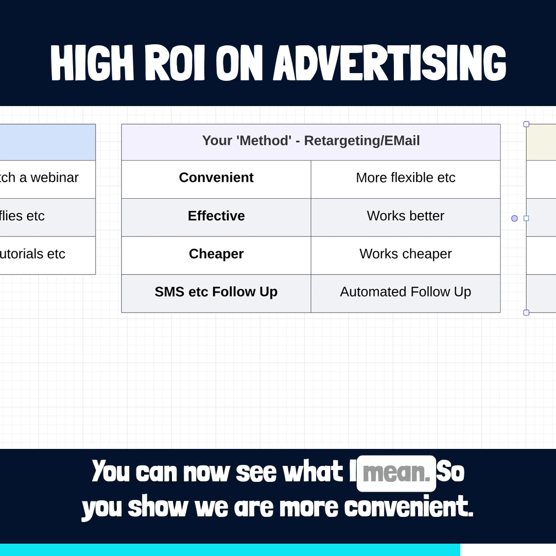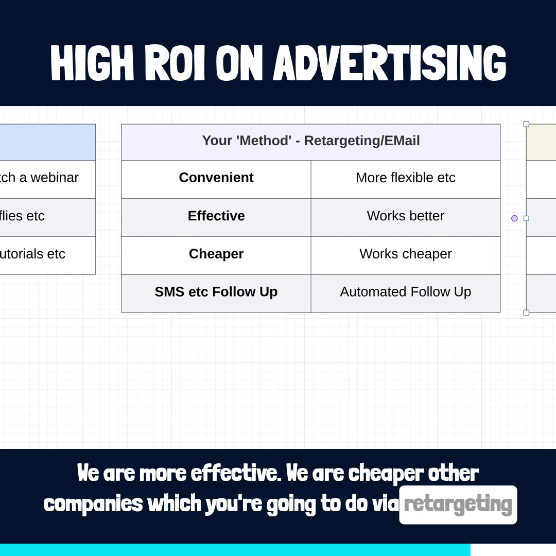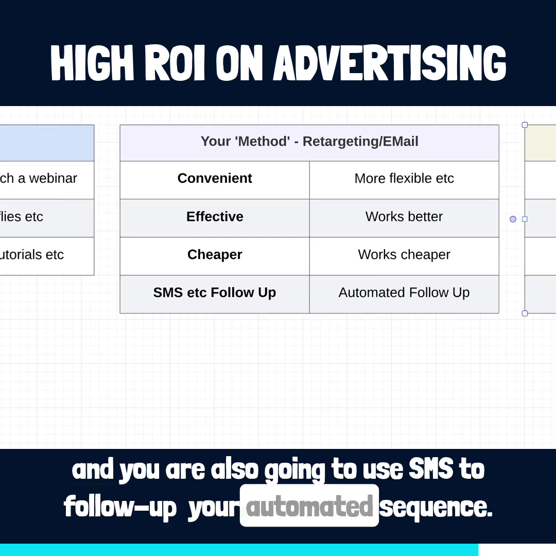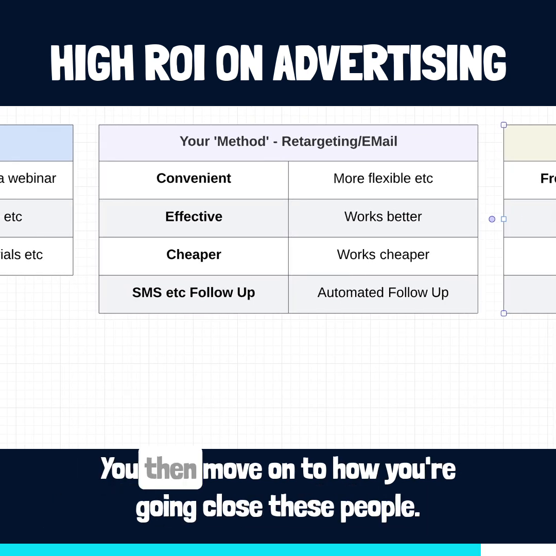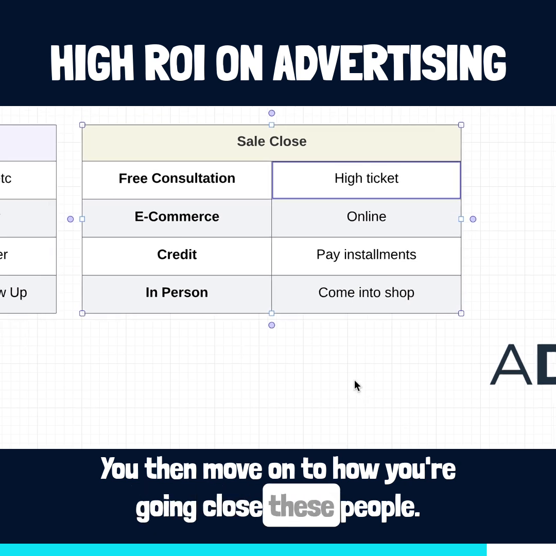Do you kind of see what I mean? So you show we are more convenient, we are more effective, we are cheaper, which you're going to send via retargeting and via email, and you are also going to use SMS to follow up in your automated sequence. You then move on to how you're going to close these people.